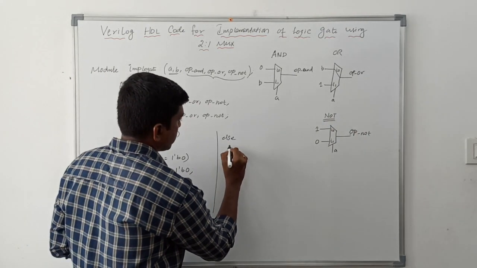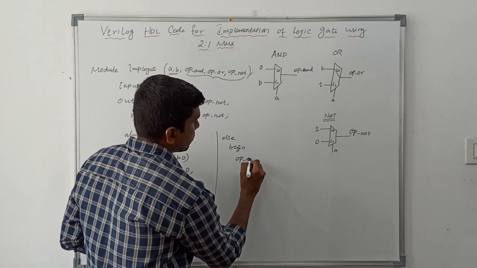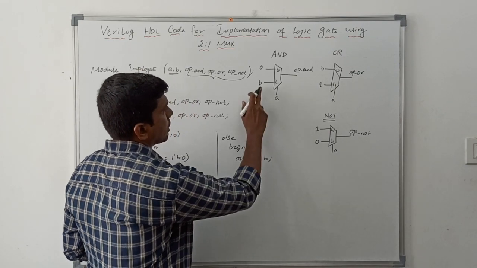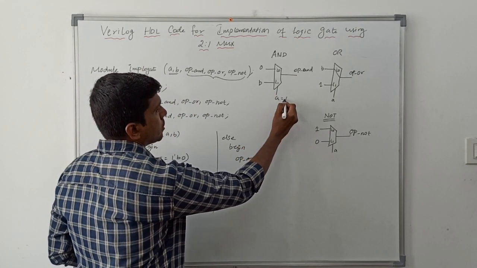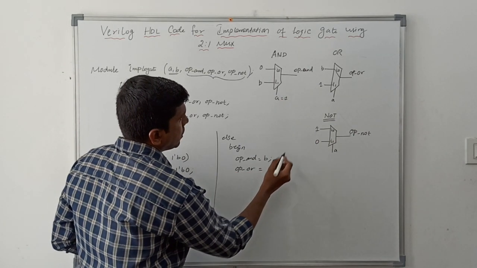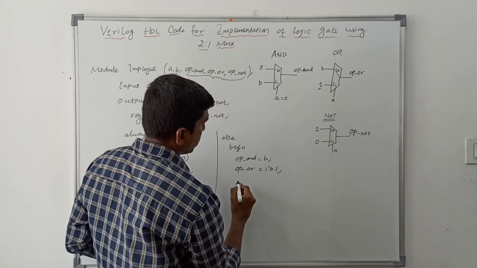In this case, begin. Output AND gate equals B, so the AND gate output is B when A equals 1. Then output OR gate equals 1, so 1'b1.